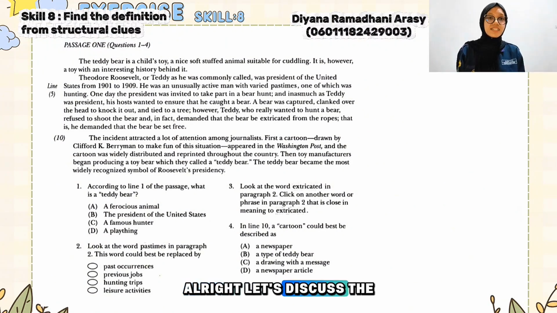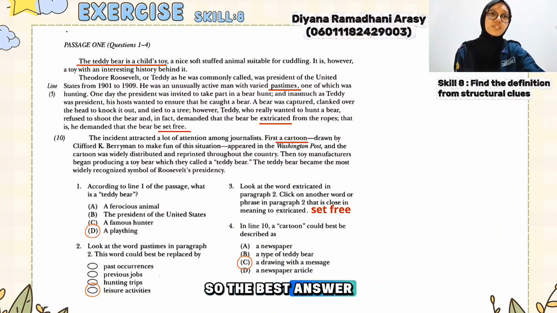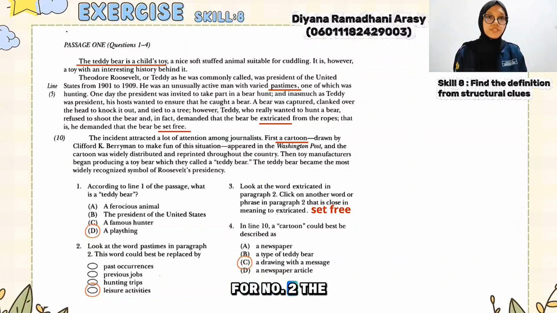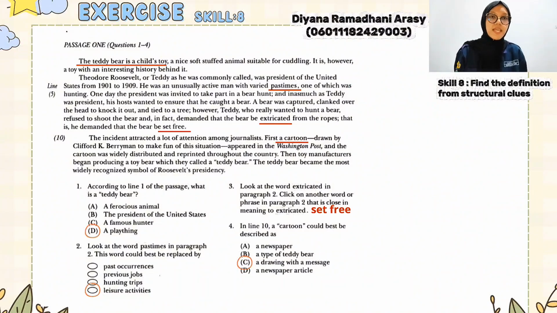Alright, let's discuss the answers. For number 1, the answer is D, plaything. Why is the answer D? Because as you can see in line 1, teddy bear is a child's toy, so the best answer is plaything. For number 2, the answer is D, leisure activities. Why is the answer D? Look at the second paragraph with the underlined word pastime. It means having free time, so the closest meaning to that word is leisure activities.